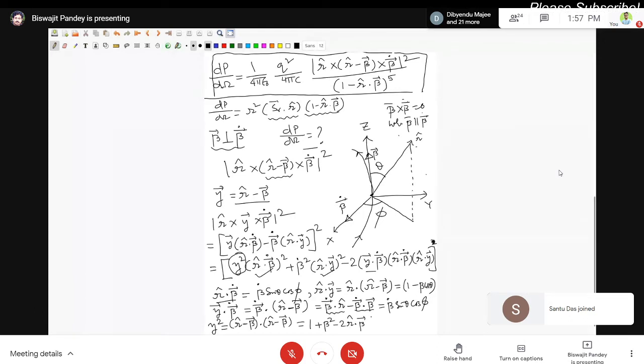R cap dot beta is already known to us, so this is basically 1 plus beta square minus twice beta cos theta. So now we have all the ingredients with us. We will substitute these into this expression and simplify to get the numerator in this expression. So let us do that on the next page.